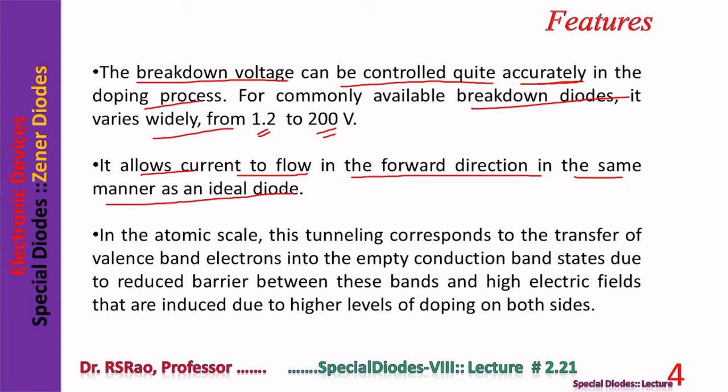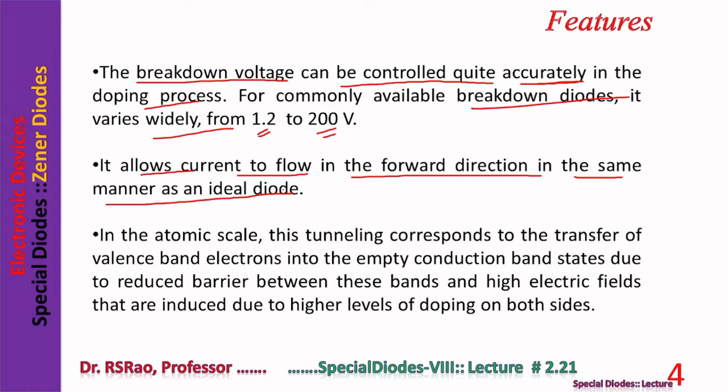So the point one has to keep in mind always is: Zener diodes or breakdown diodes are operated in the reverse biased direction. In the applications, they are always in the reverse direction.